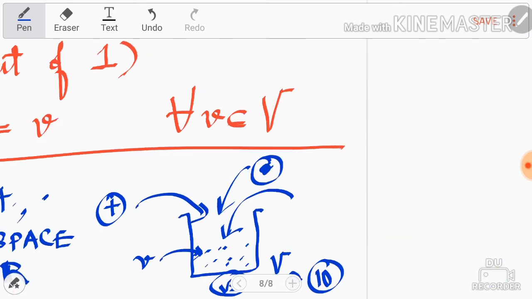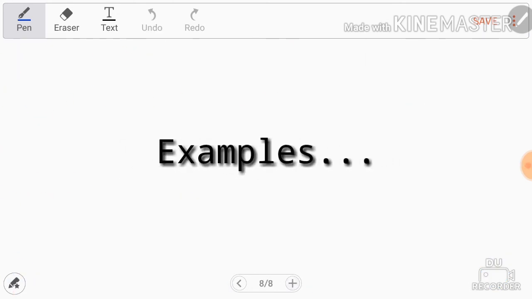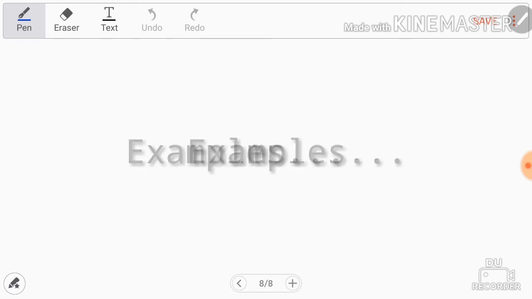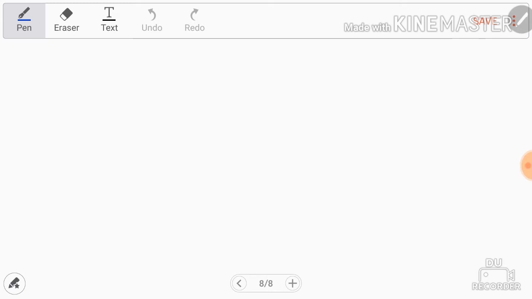Okay, so let us look at a few examples of vector spaces, and we will also look at a few counter examples of vector spaces, a few sets that cannot be identified as vector spaces. So the first very famous example of a vector space is the space Rn, which is also called a Euclidean space.